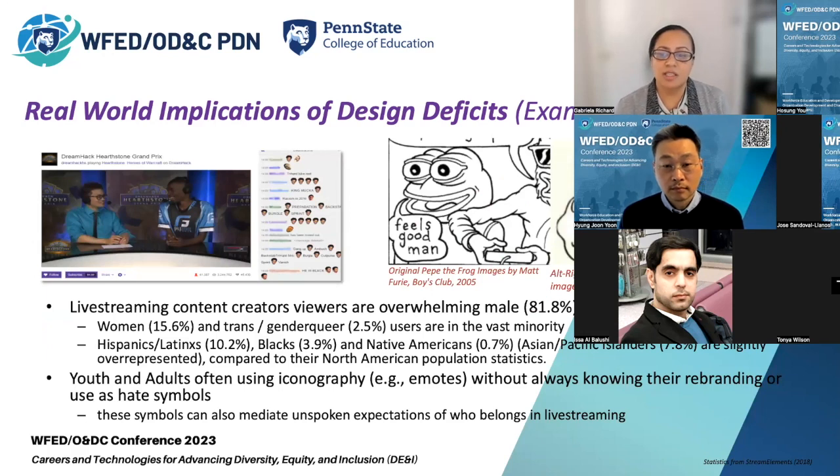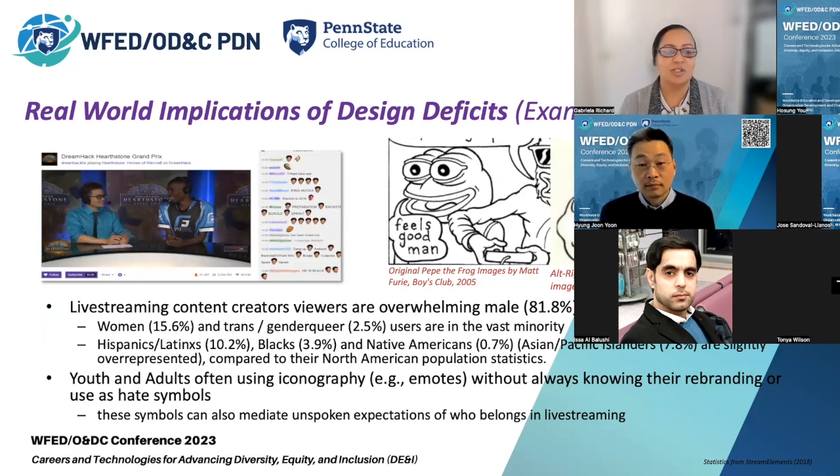And we've also seen some design decisions that have played into some really problematic ideas online. So these are some examples of live streaming campaigns that targeted different people who were presumed to not really belong within gaming or in different spaces.